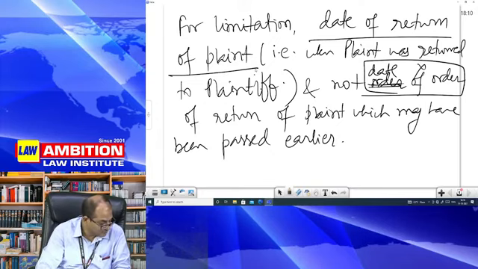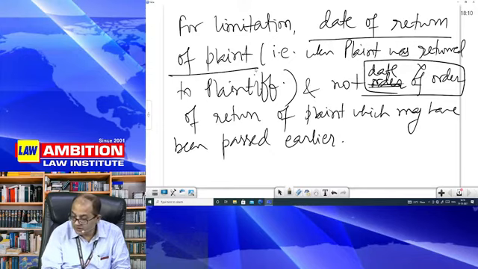The plaintiff is entitled to exclude the time during which he prosecuted the suit before a court having no jurisdiction.